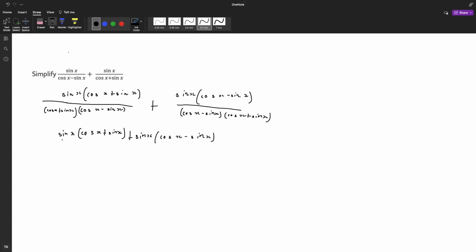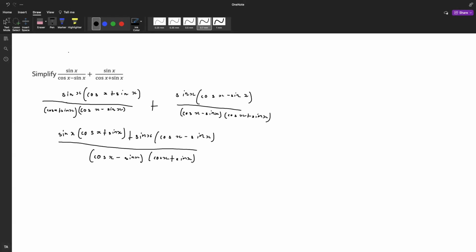Okay, and then in the denominator, we have our total big denominator now, cos x minus sine x times cos x plus sine x. Okay, so that's the first big step done.